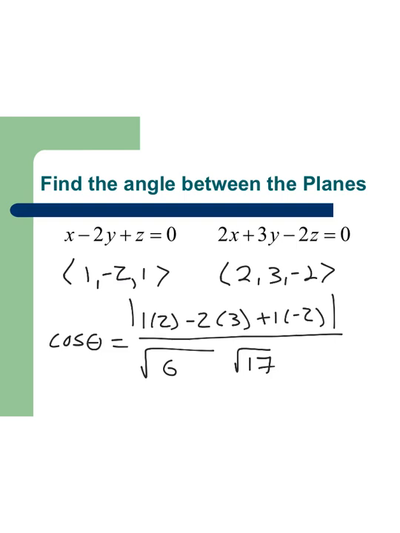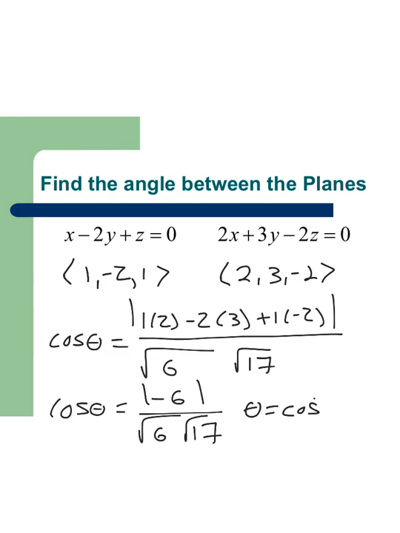When I simplify my numerator, I get -6, and I want the absolute value of that, divided by the square root of 6 and the square root of 17, which means that my angle, theta, is going to end up being the cosine inverse of 6 over the square root of 6 times the square root of 17, and we get for our final answer approximately 53.55 degrees.